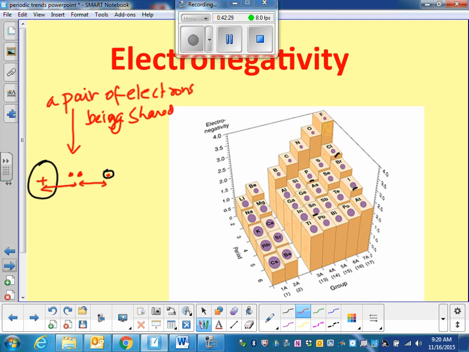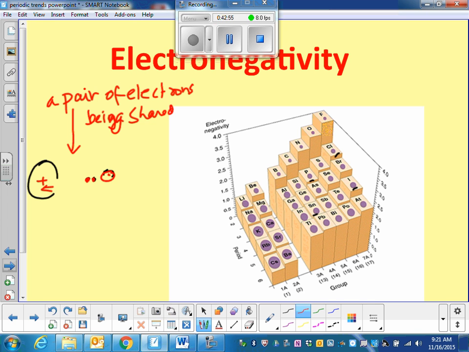As the distance decreases, what happens to the force of attraction? It increases. So which will pull more? The smaller one will pull the electron pair more. The electron will be distributed closer to the smaller atom. Does it make sense?